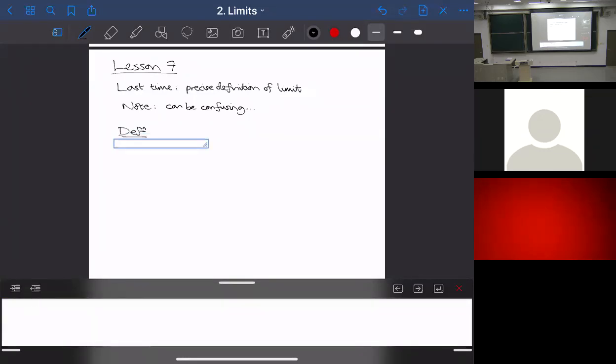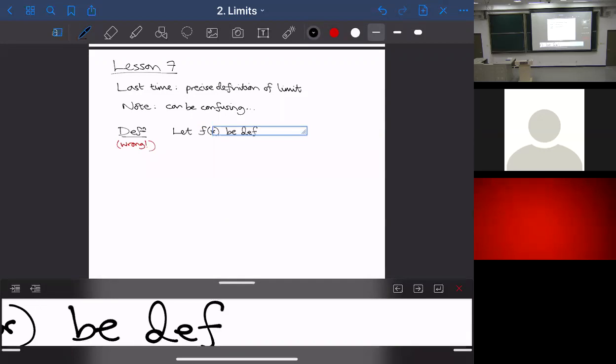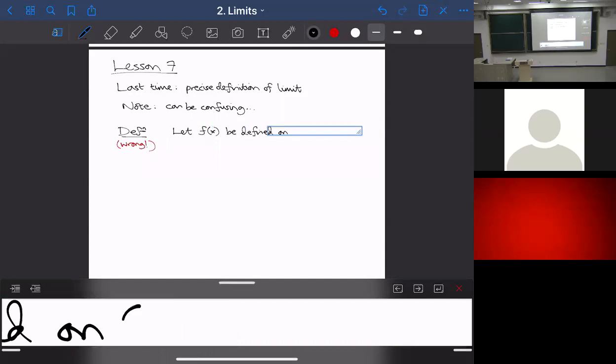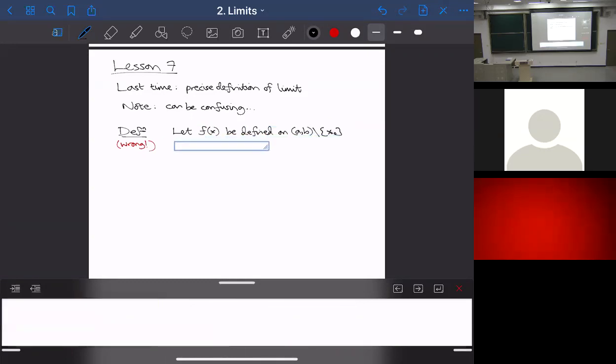Okay, so first, definition. So this is going to be a wrong definition. Let's see if you can see why. So let f(x) be defined on (a, b), but not at x0.